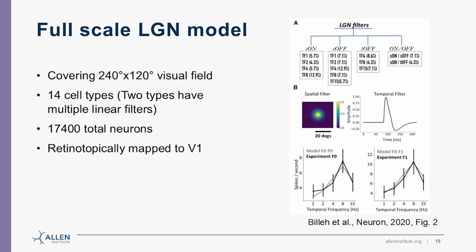You need all of these cells, and their connectivity and spatial profile, to generate direction selectivity in V1. So we'll go over that in a second. There are about 17,000 total neurons, and all of these cells are mapped spatially so that their position in space corresponds to their tuning curve, where they respond to in space.